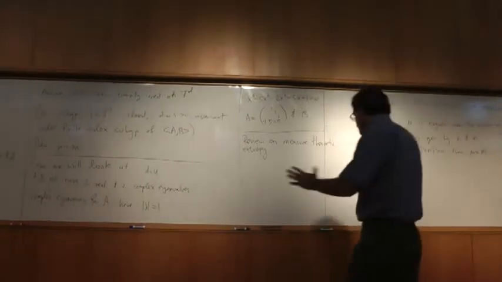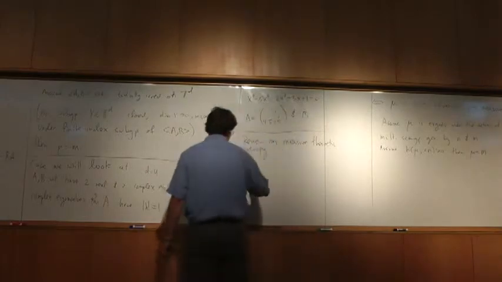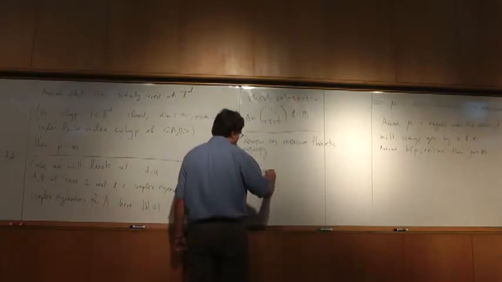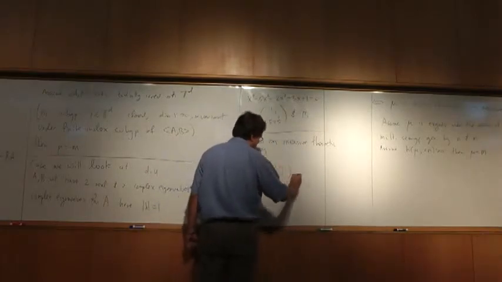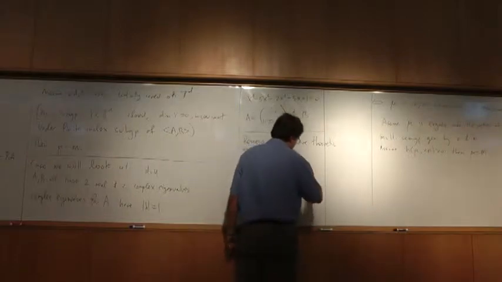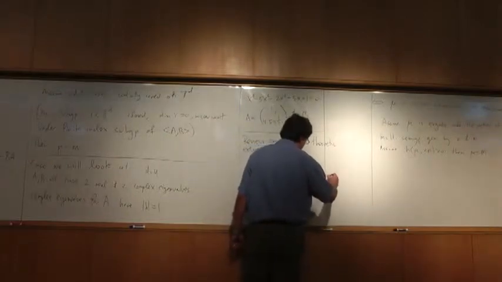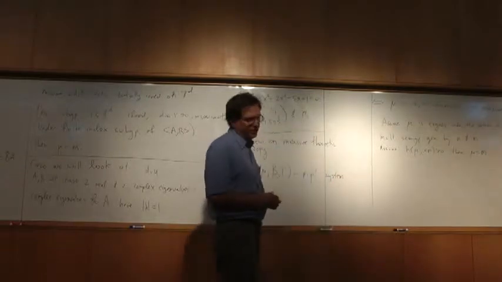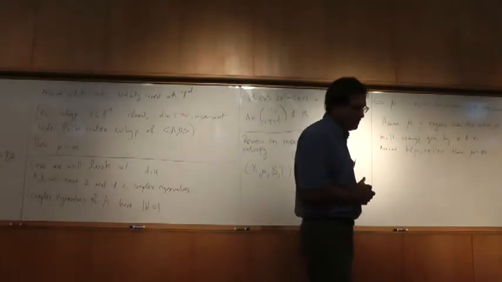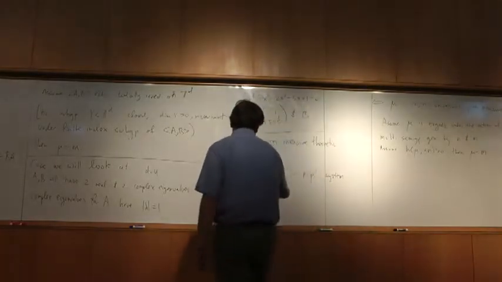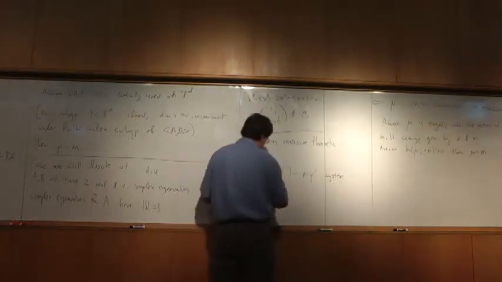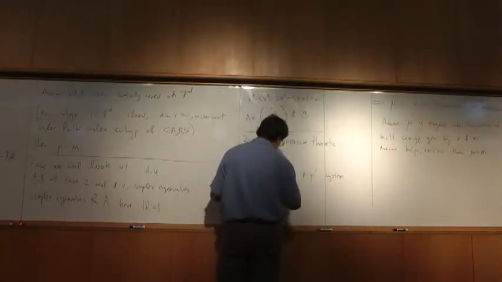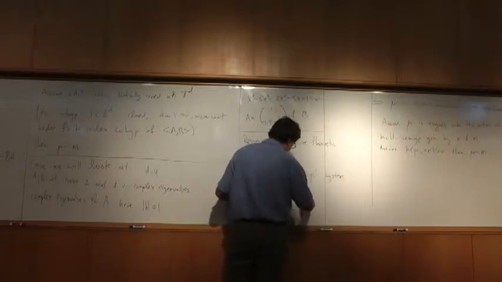So I have an abstract measure preserving system, X, mu, B, T. And I have a partition P. P would be, let's say, a countable or finite partition.